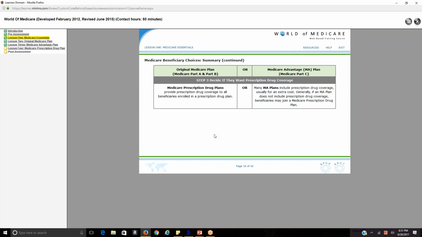Now, it does have an additional cost to the premium, and so if you have a Medicare Advantage plan that you really like, that has really low premiums, you may want to just join a Medicare prescription drug plan separately. You can do that. You can't join a Medigap plan, but you can join a Medicare prescription drug plan if you have Medicare Advantage.